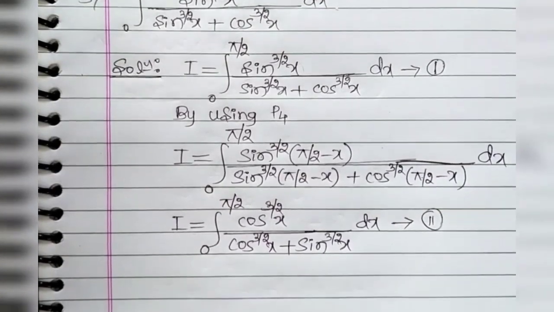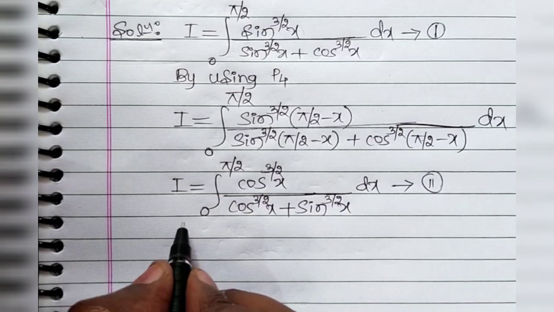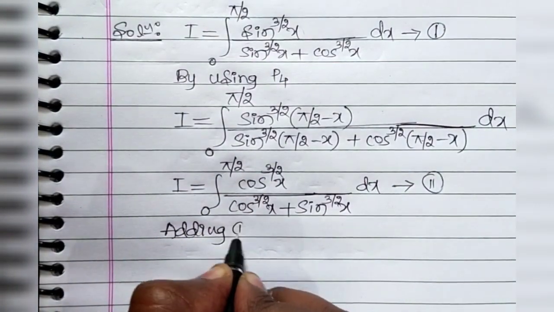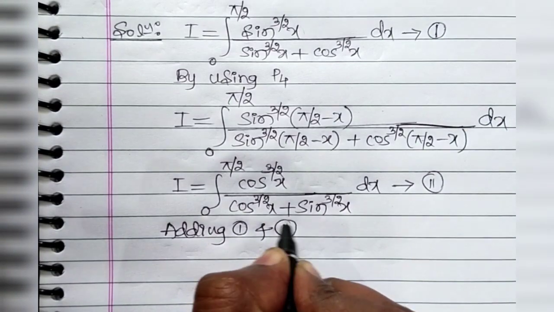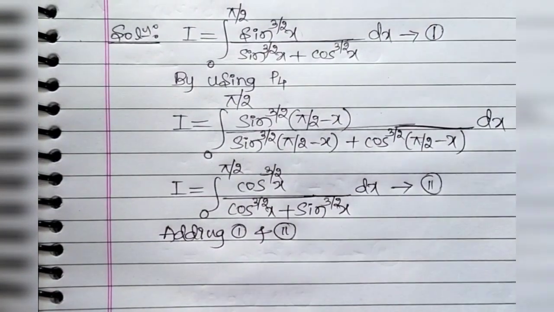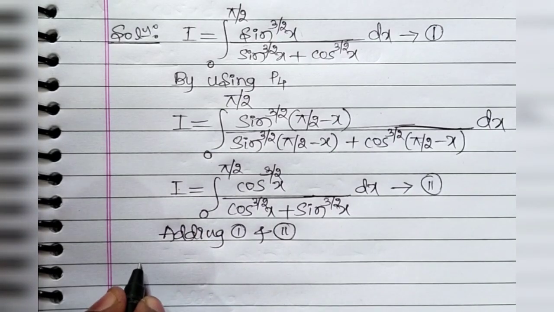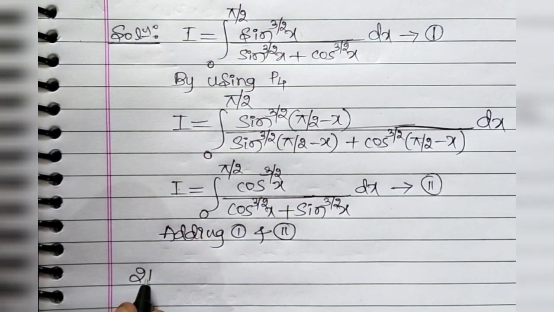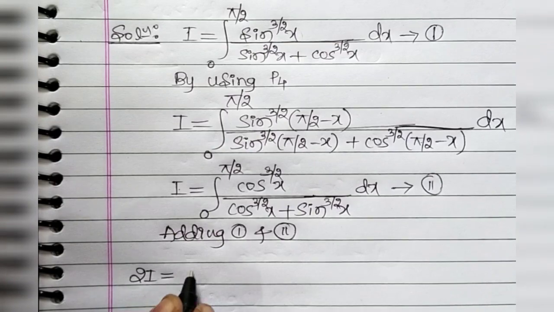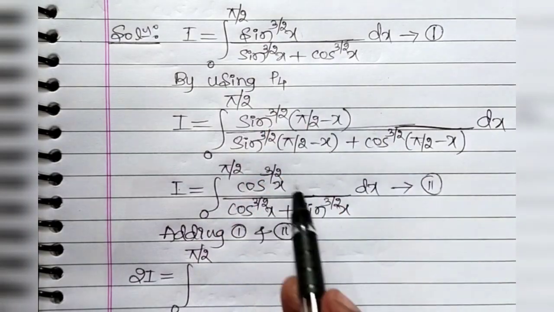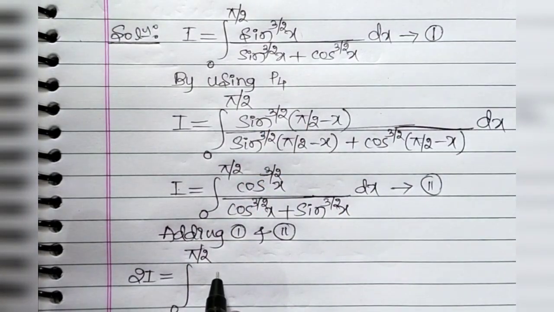Now we need to add equation 1 and equation 2. So adding 1 and 2, add the LHS separately now. I plus I will give us 2I. 2I is equal to the integral from 0 to pi by 2. So we need to add these two. What do we get now?